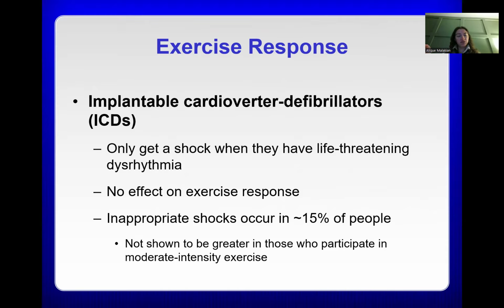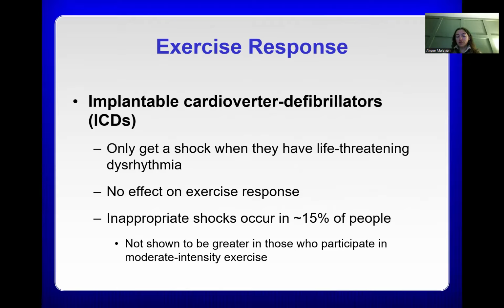Otherwise, it doesn't do much. It's still a permanent type of pacemaker, but it works a little different than the permanent pacemakers that we talked about. So they'll only get a shock when they have a life-threatening dysrhythmia. So in essence, this shouldn't have any effect on exercise response, in theory, right?